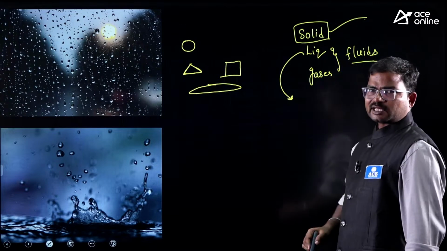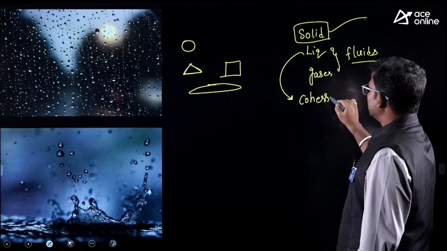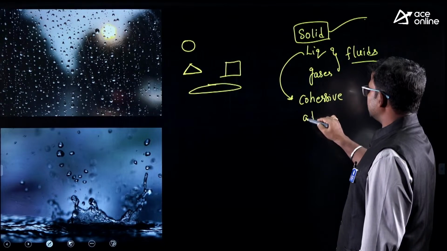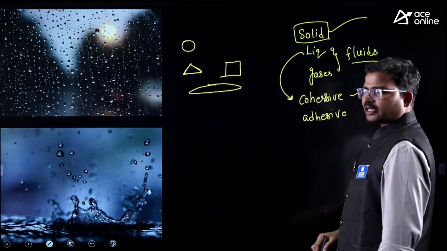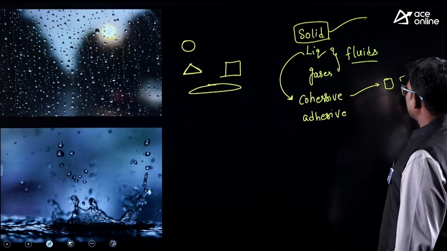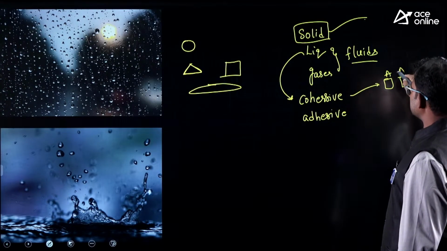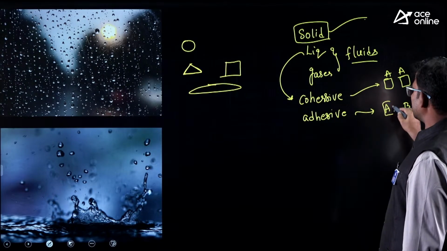Liquid has two types of forces. One is cohesive force, and the second one is adhesive force. Cohesive force means attraction that exists between the same kind of molecules. What about adhesive? Attraction that exists between different types of molecules.